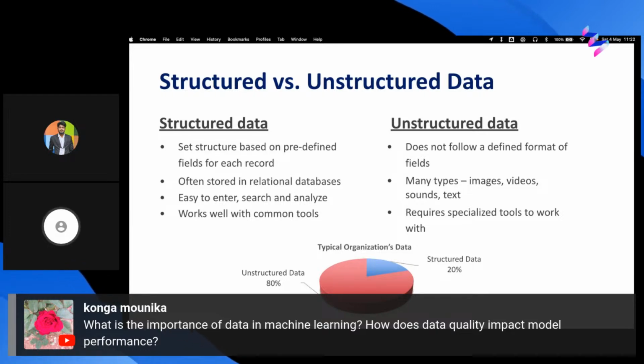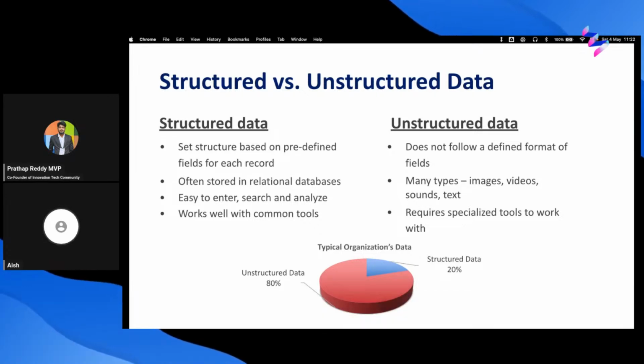So MySQL or PostgreSQL is an example. And then unstructured data is where you don't have a fixed format of the data. It can be anything. It can be images, videos, sounds, text, links, animations or written text. It encompasses large formats of data. So these are the two main kinds of data.